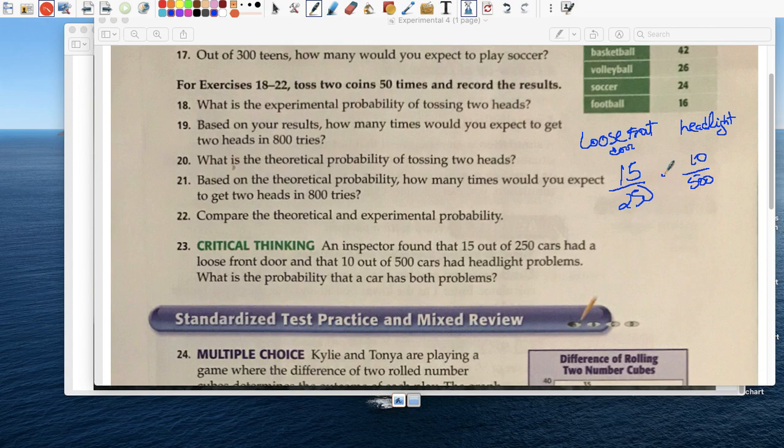Okay, so to find the probability that a car has both problems, multiply the probability of one times the probability of the second one. So 15 out of 250 times 10 out of 500.